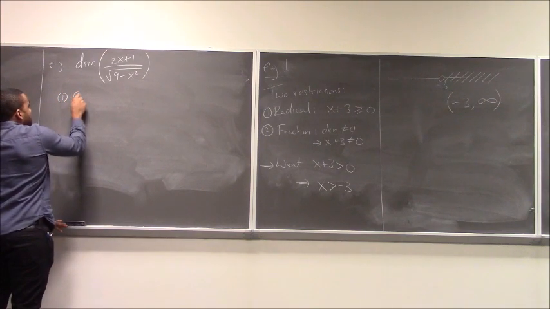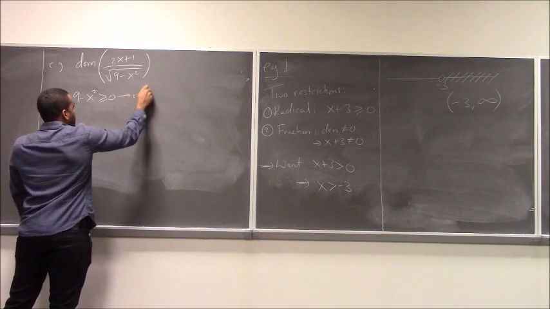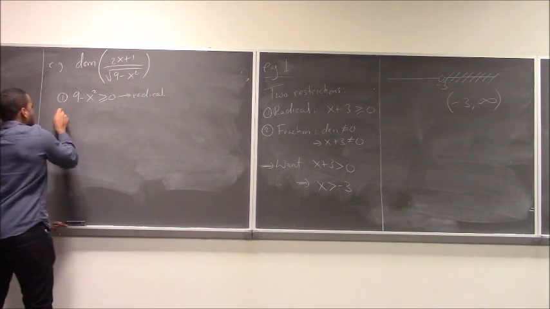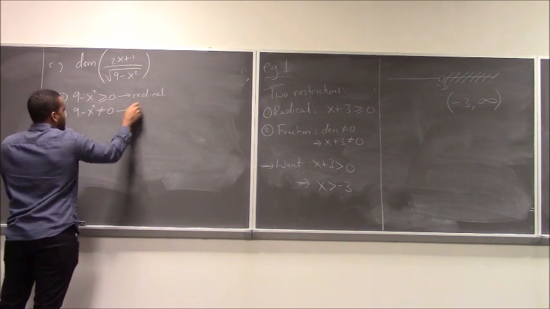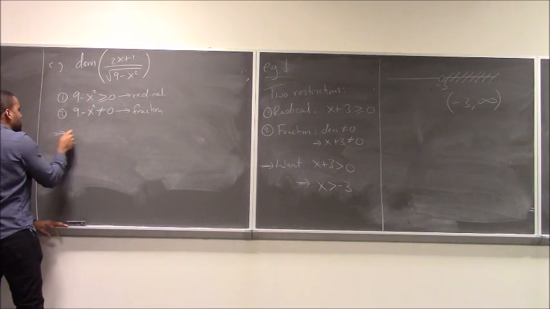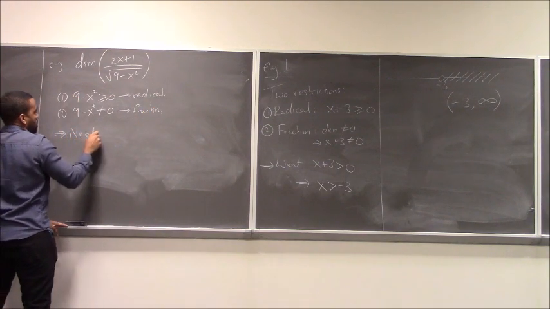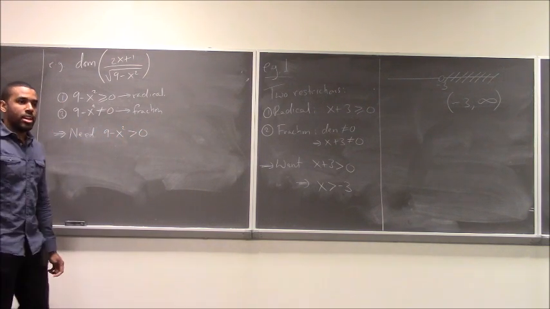Right, so we need 9 minus x squared to be greater than or equal to 0 because of the radical. And 2, we need 9 minus x squared to not be 0 because it's a fraction. And so this means we need 9 minus x squared to be strictly greater than 0. Now, how do you solve that?